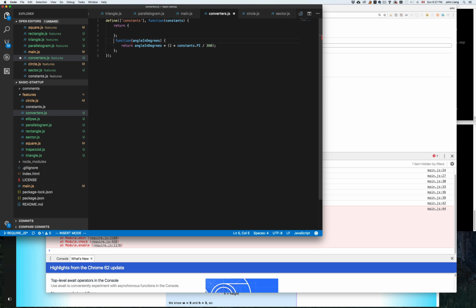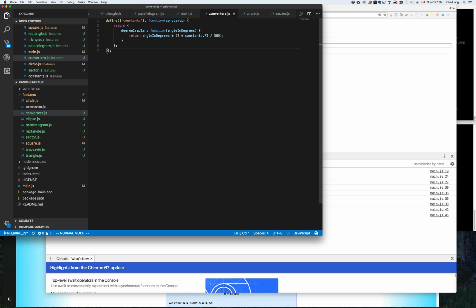And the JSON itself has a key of this, the degree to radian. And let's copy this whole thing there. Cut it, paste it, take out the semicolon. So right now we have a degree to radian converter within the converter.